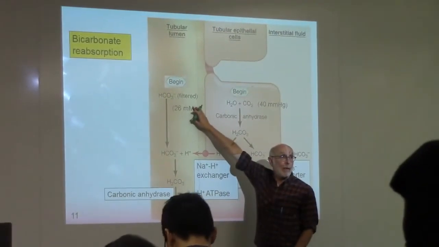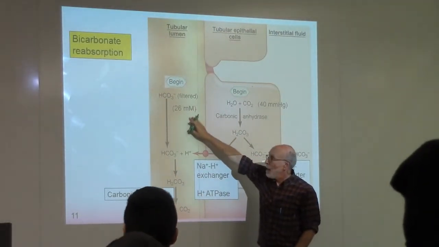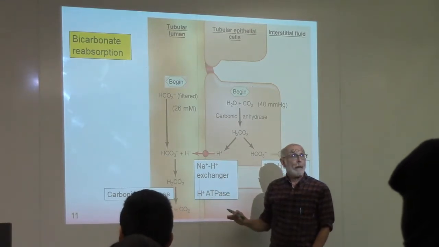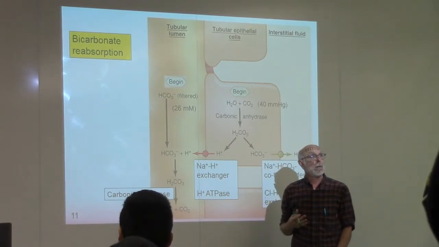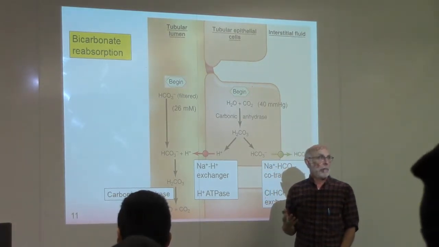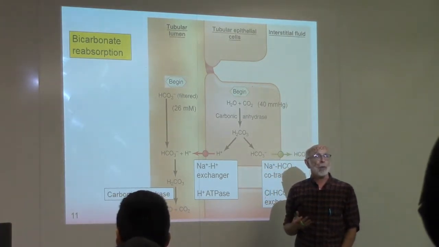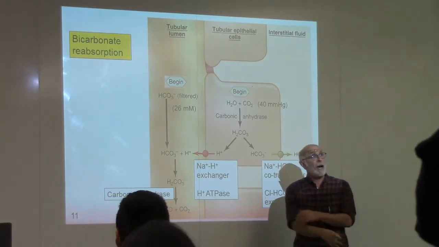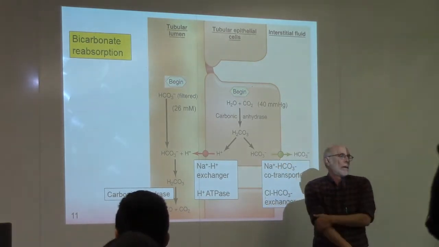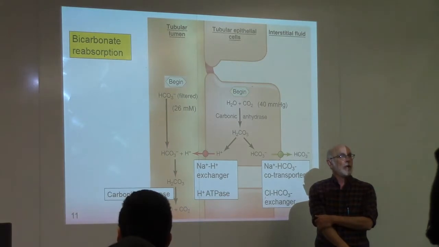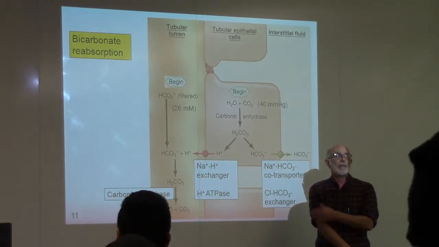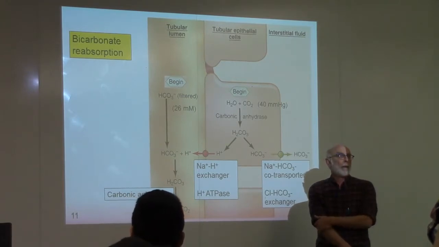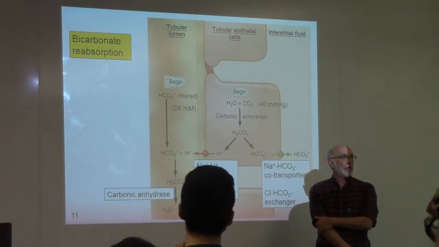Bicarbonate is filtered, and if it weren't reabsorbed, we would excrete too much bicarbonate. We want to conserve bicarbonate to keep our concentration of bicarbonate at around 26 millimolar. So we reabsorb bicarbonate. We need to reabsorb bicarbonate because if we filter it and get rid of it, our bicarbonate concentration is going to go too low.